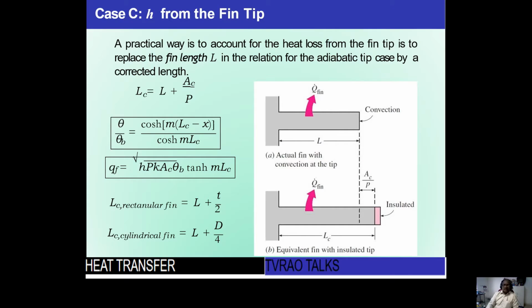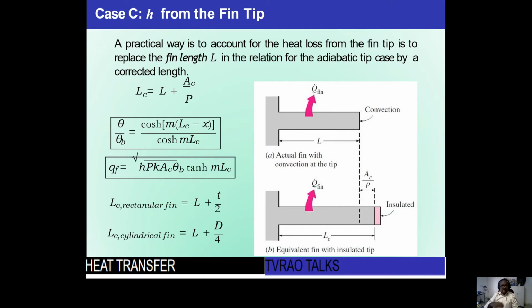So with this, the problems in extended surfaces or fins are over. In extended surfaces, we have discussed what is meant by an extended surface, which is called a fin, and the different types of fins. For the different types of fins, we discussed how to derive the differential equation.